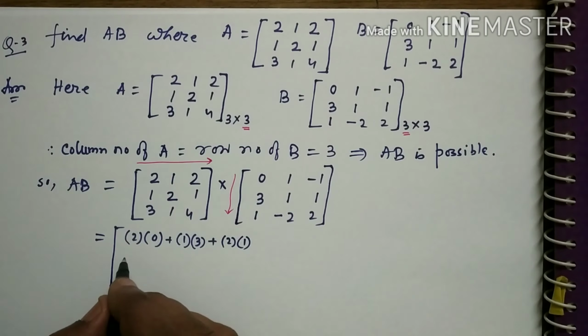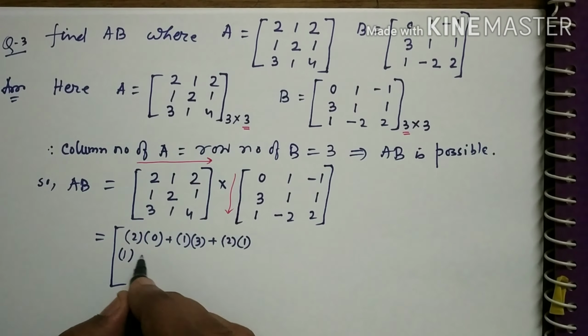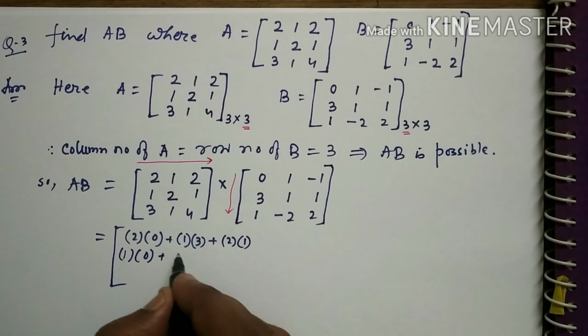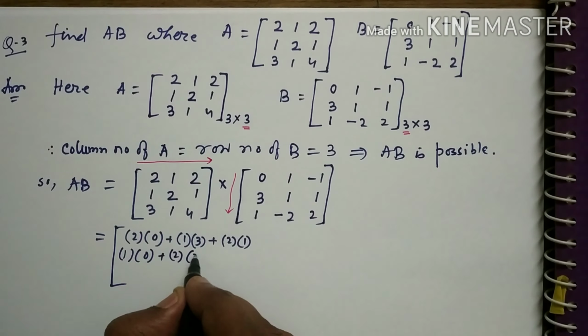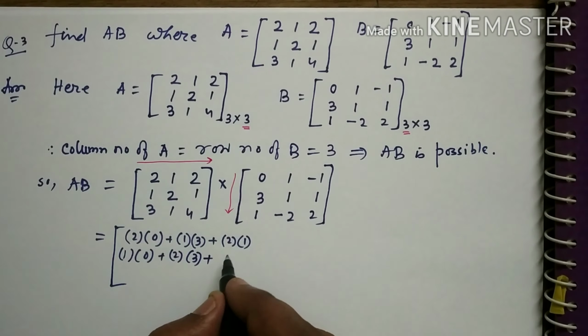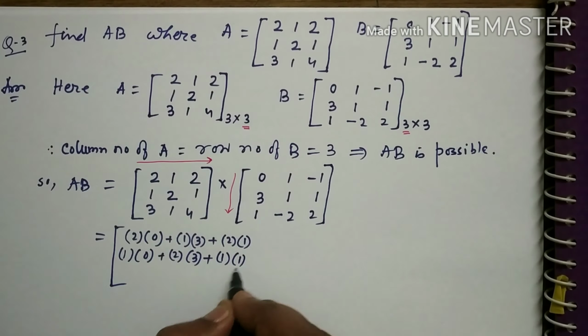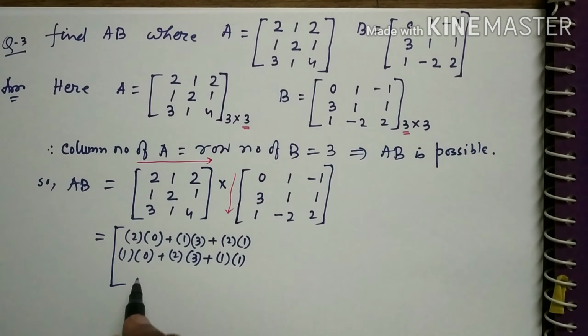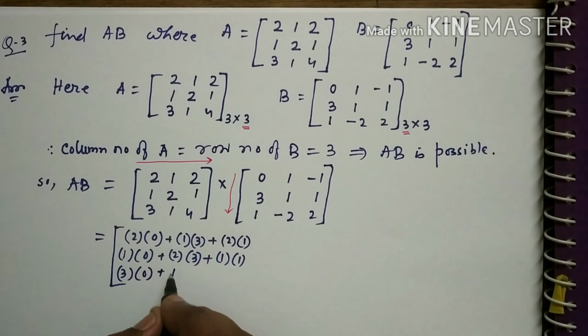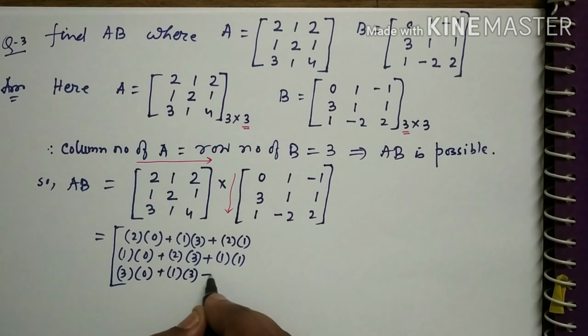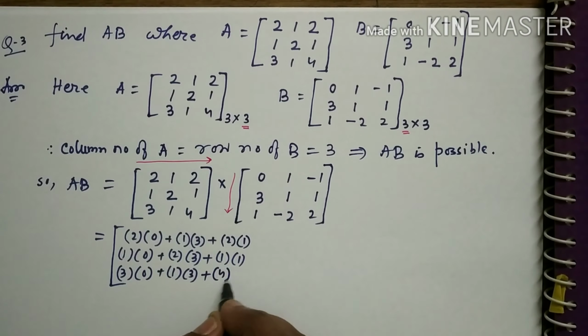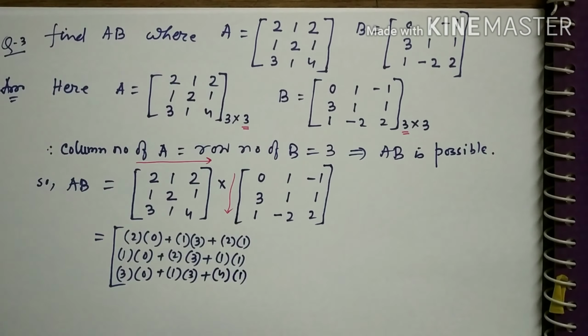Second row, first column: 1 into 0, 2 into 3 plus 1 into 1. Now third row, first column: 3 into 0, 1 into 3 plus 4 into 1.